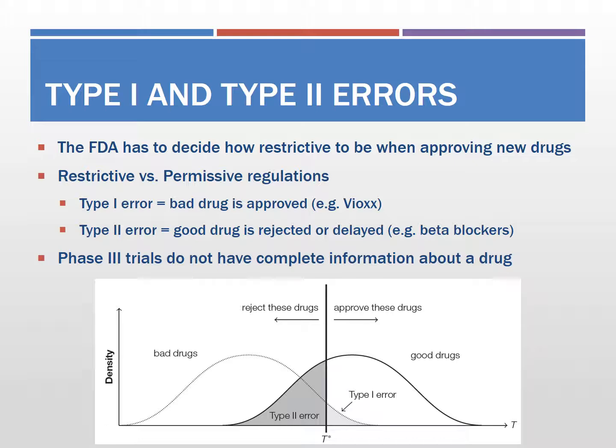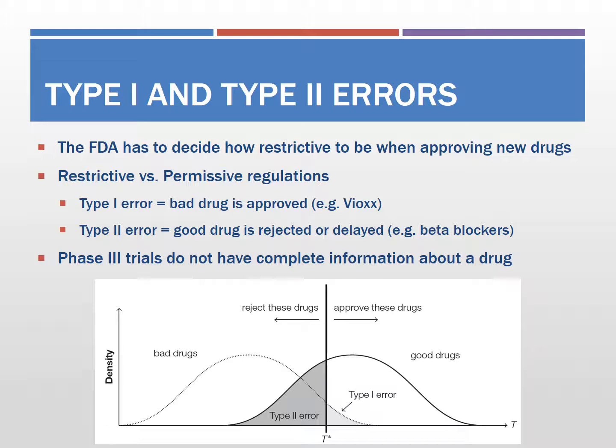Phase 3 trials do not actually have complete information about the drug. So from time to time, the FDA has to decide whether it has enough evidence to approve new drugs or new chemical entities to the markets.